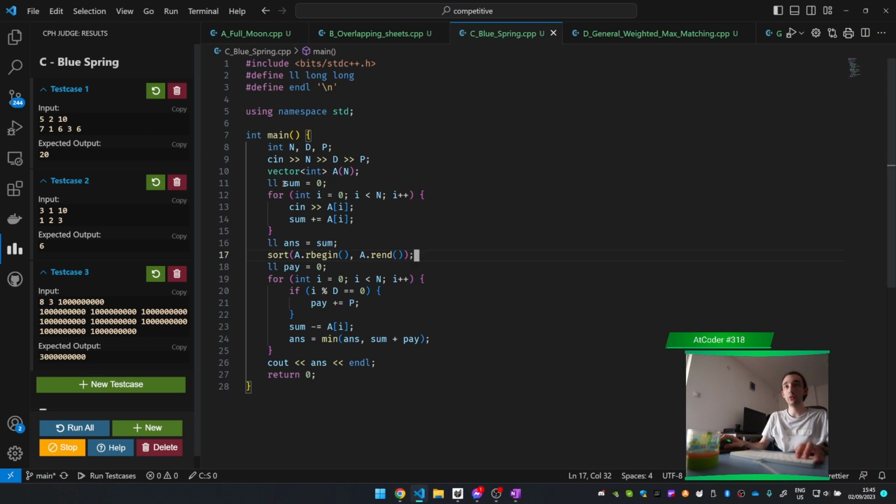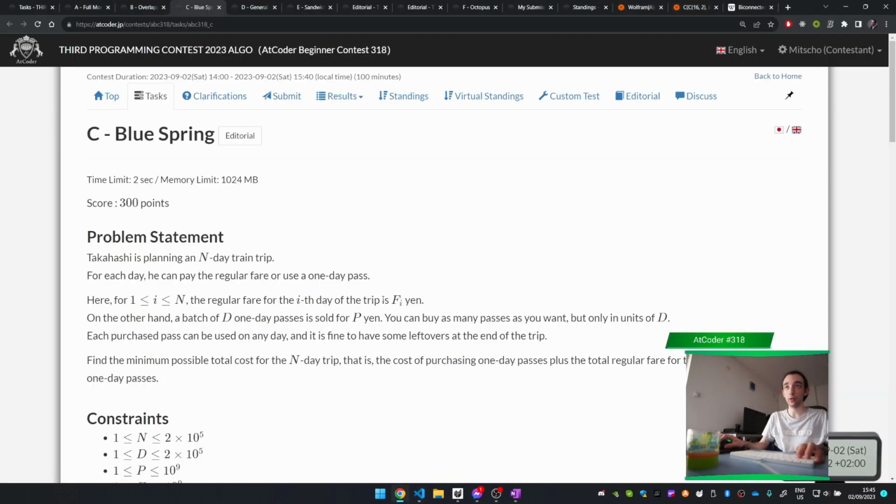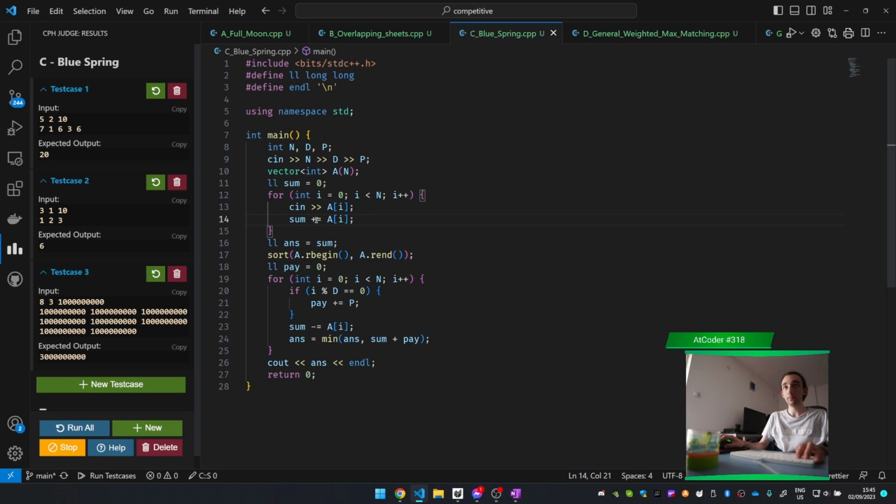The trick here is just to first sum up how much it will cost you if you buy them all as F_i. But then maybe you want to buy some batches at P. Maybe that's more worth it, right?